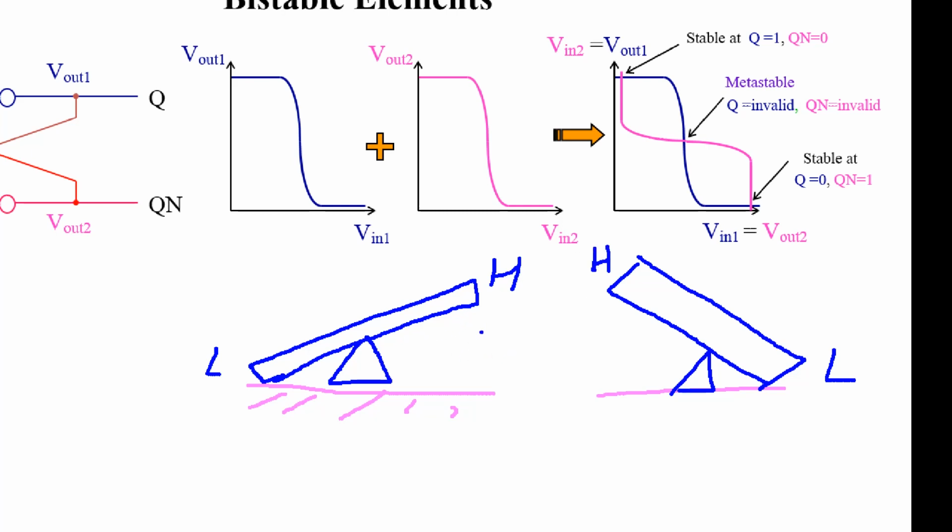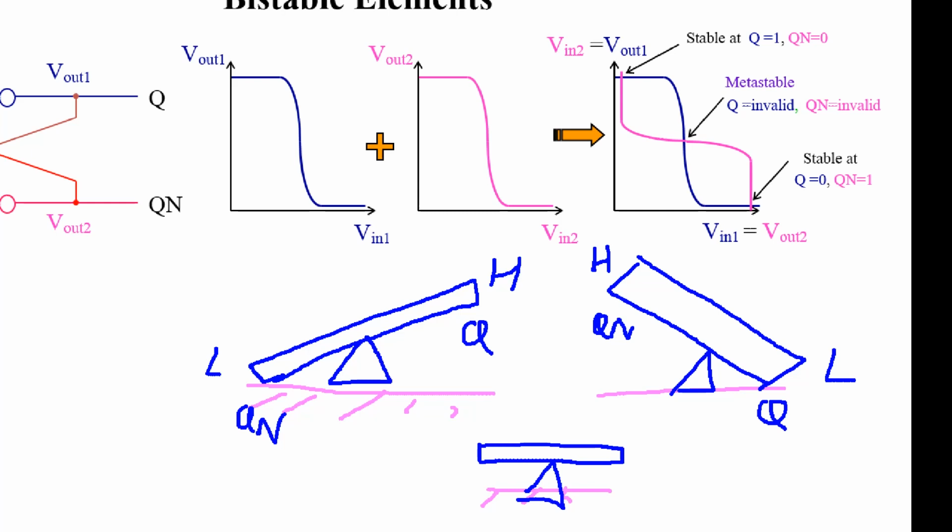Maybe we consider this side as Q and this one as Qn. Q is high, Qn is low; Q is low, Qn is high. At metastable, Q and Qn are at the same level.